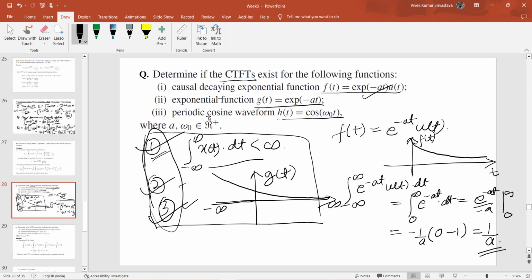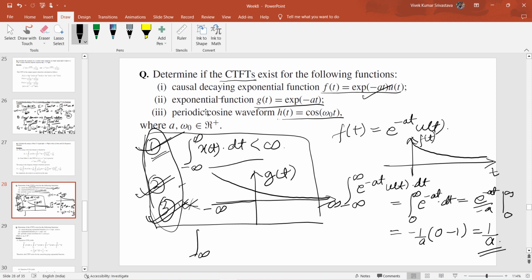So from here we can say that it has a finite number of maxima and minima over its interval, and it does not have any discontinuity, so both condition 2 and 3 are satisfied here. Now we will check the first condition.